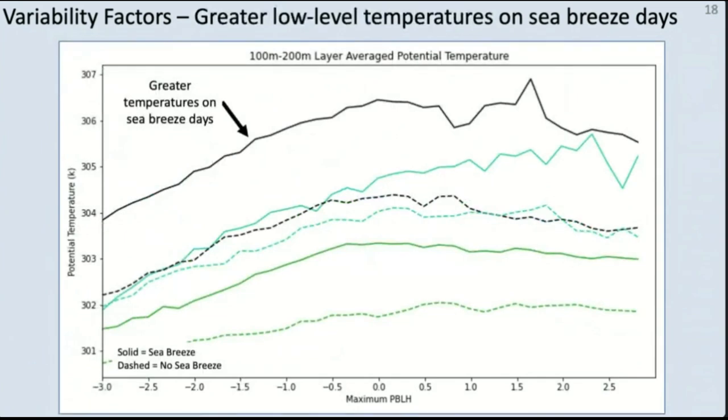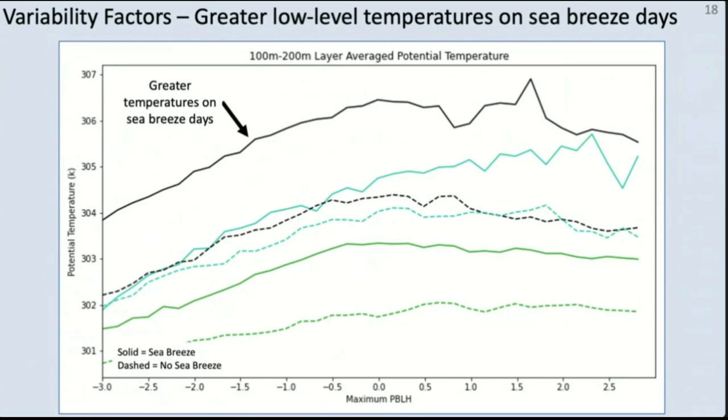If we look at our low-level temperatures, we see a greater difference in the low-level temperature signatures, with warmer temperatures on sea breeze days compared to non-sea breeze days. We also see a steady increase in temperatures before the maximum PBL height is reached, which you'd kind of expect, but we don't see much of a decline of these temperatures immediately after that PBL height is reached.